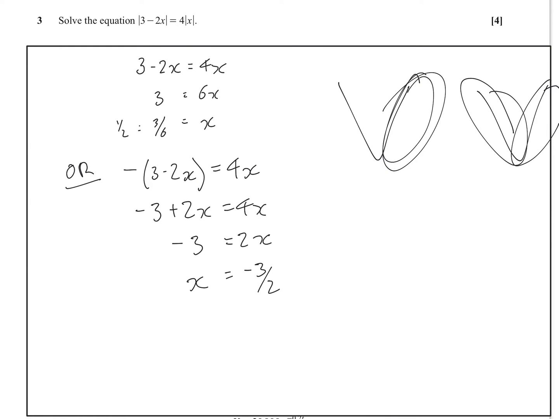So you've got two solutions. Some people got that, well done. Lots of us got the half, most of us didn't get the 3 over 2. Any questions about that?